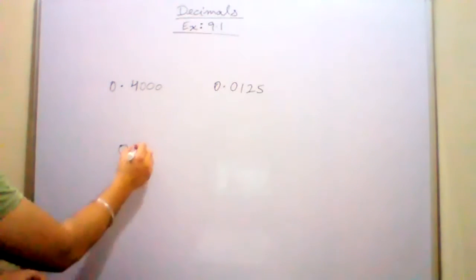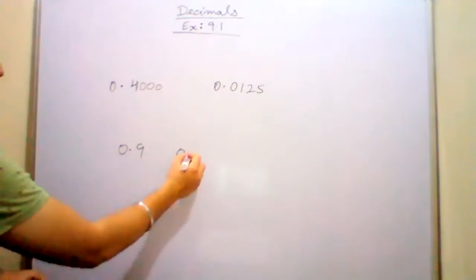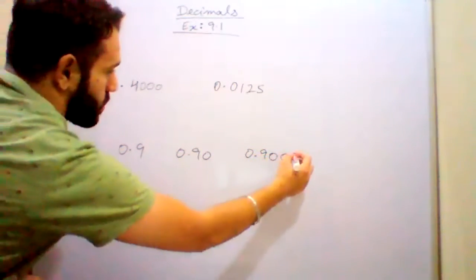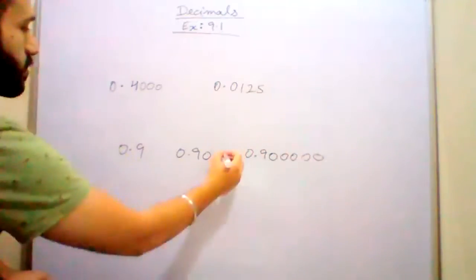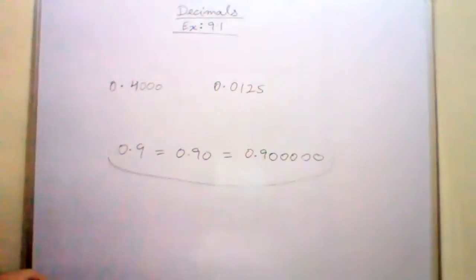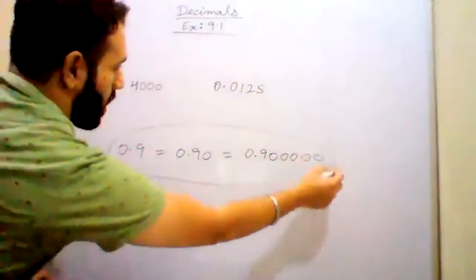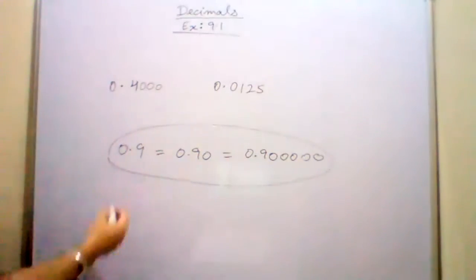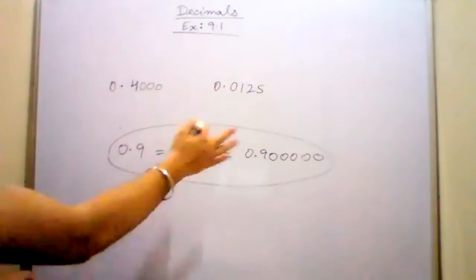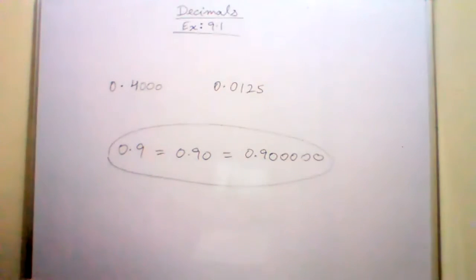This I have already told you. If you write 0.9 or 0.90 or even 0.9000000, as many zeros as you want to add, all these are the same thing. You can add as many zeros as you want in the end, after the decimal.